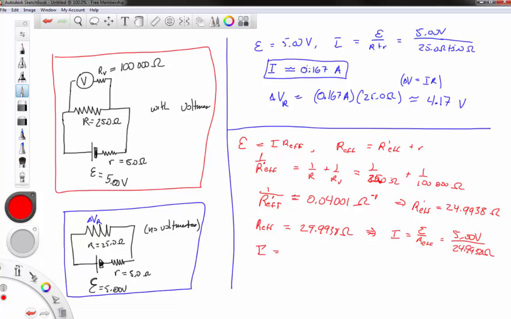So it's actually a little larger than the current up here because this was 0.1666666 repeating. So here we have 0.1667014 amps.